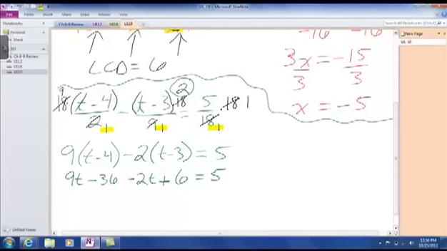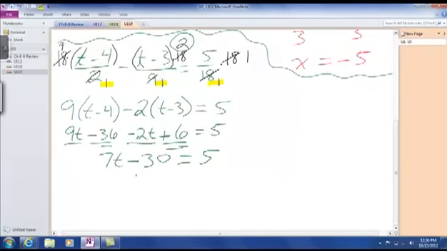Now let's combine our like terms. Well, I've got a 9T and a negative 2T. That is 7T. I've got a negative 36 and a positive 6. That is a negative 30. And it equals 5.